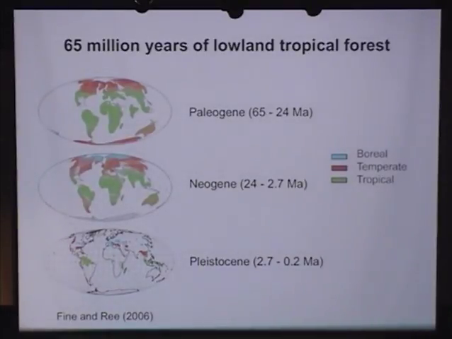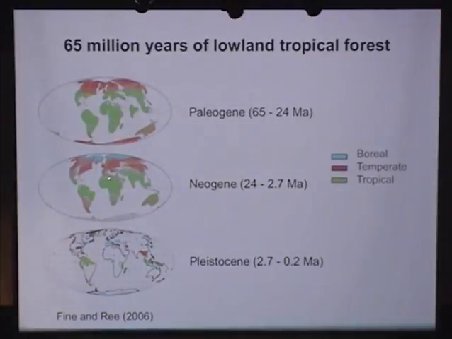At various times, as the Earth has been warmer, tropical forests have expanded all the way up to Michigan. In the Paleogene, especially 65 to 55 million years ago, we actually had tropical forest vegetation in Michigan. It was the predominant forest biome around the world.